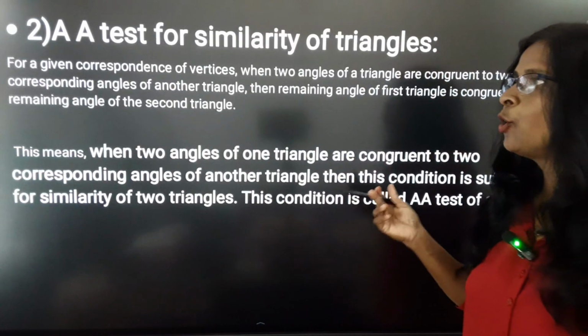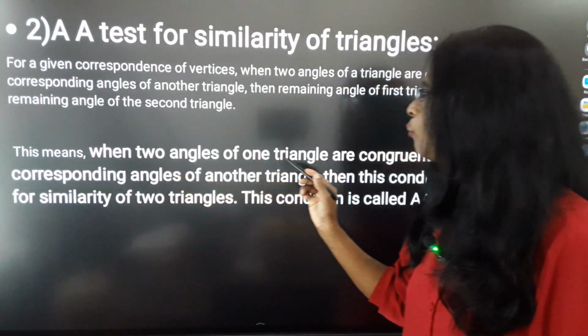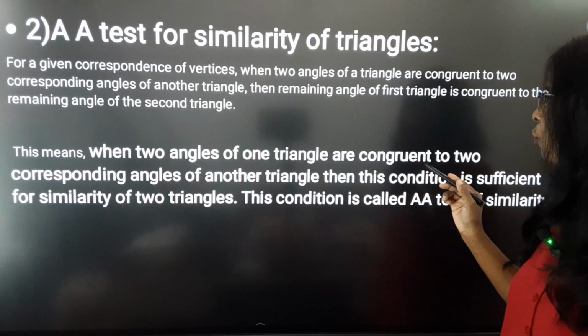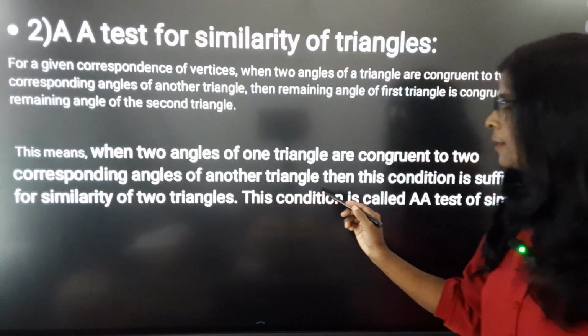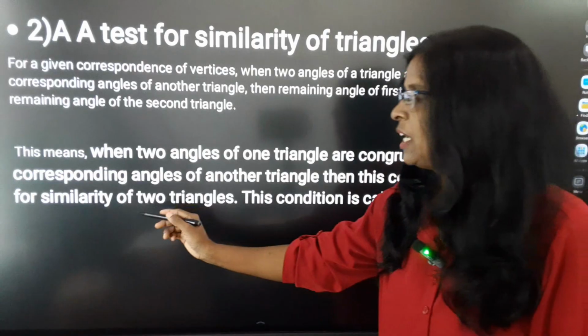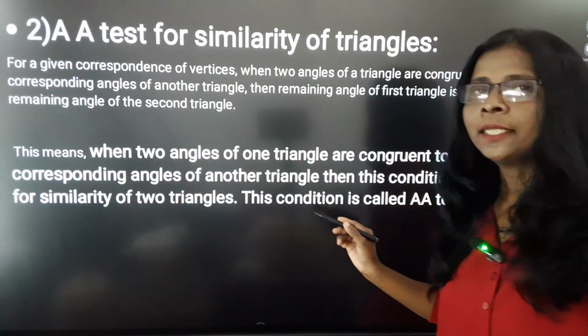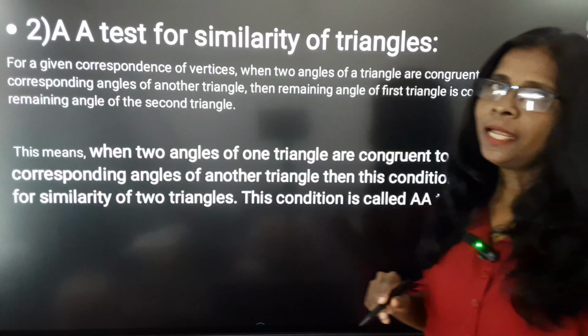What is the meaning of this sentence? When two angles of one triangle are congruent to two corresponding angles of another triangle, this condition is sufficient for similarity of two triangles, and this condition is called the AA test of similarity.